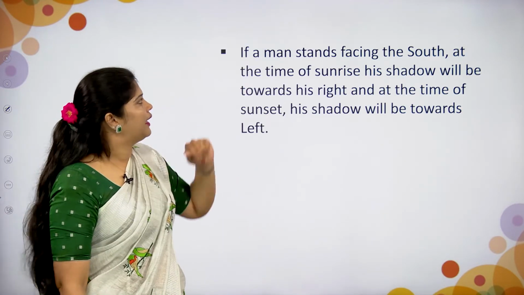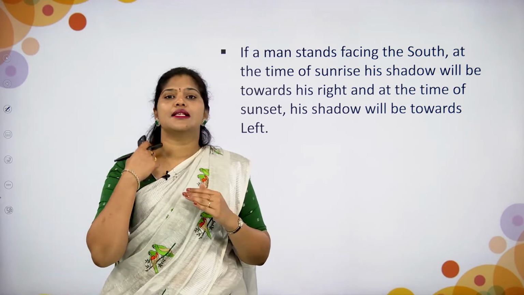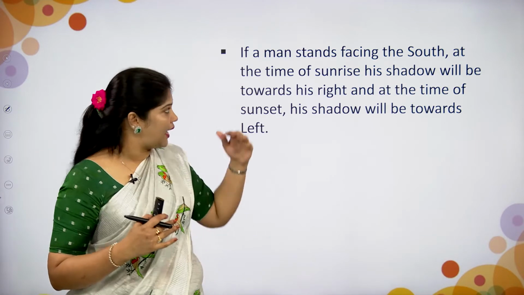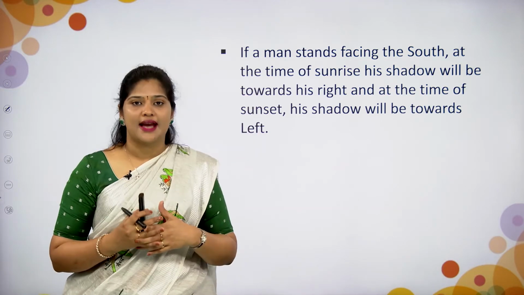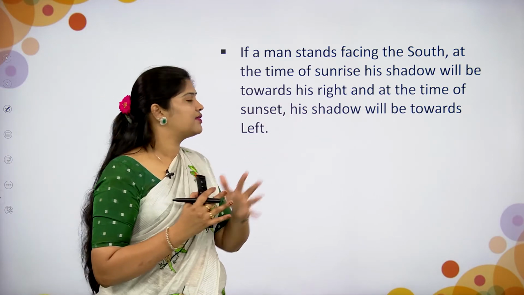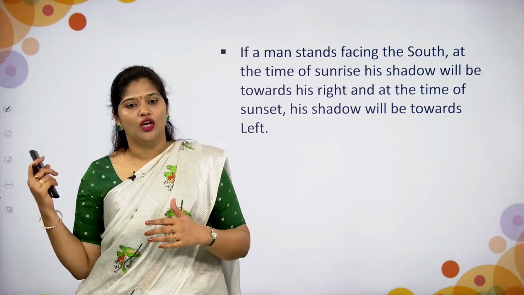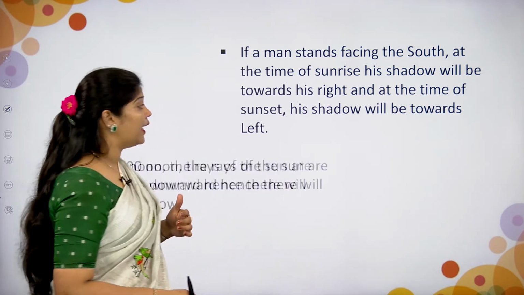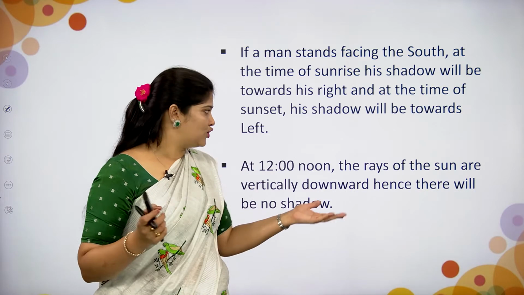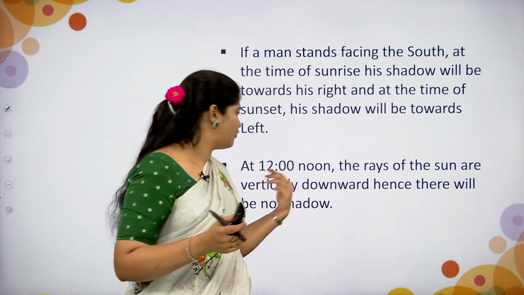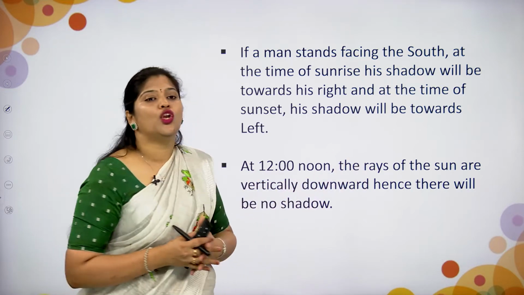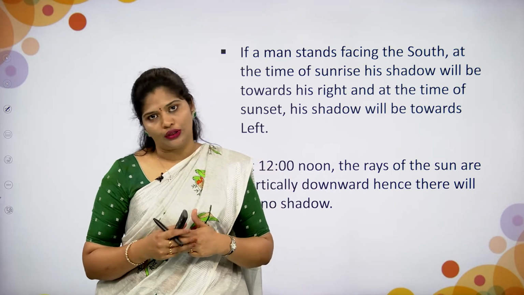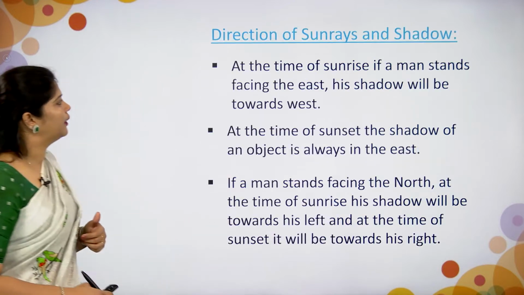Next point, if a man stands facing the south direction at sunrise, his shadow will be towards his right, and at sunset, his shadow will be towards left. In the afternoon time, there is no shadow. The rays of the sun are vertically downward, hence there will be no shadow at the afternoon time. Okay children, note it.